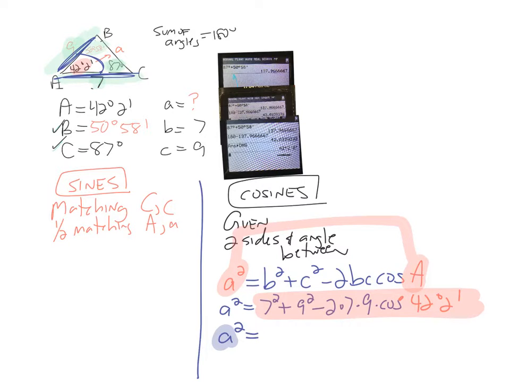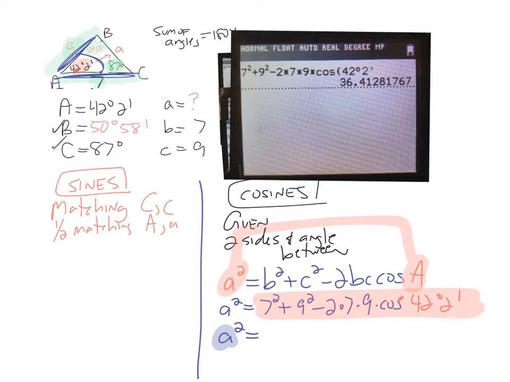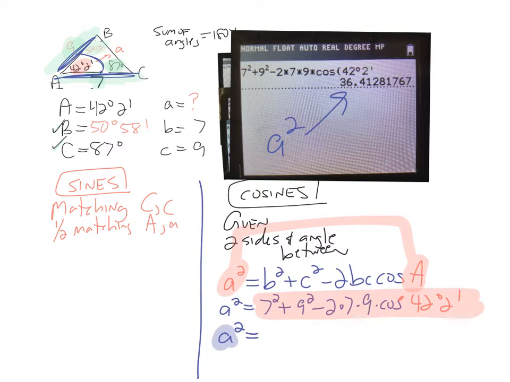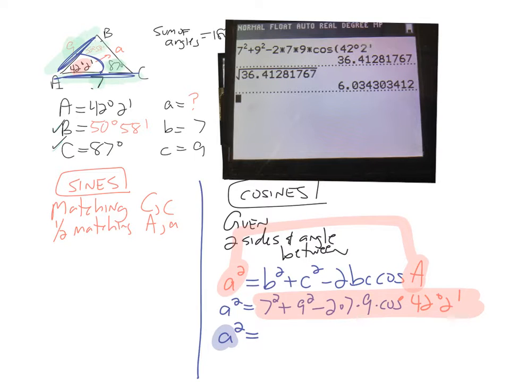So here I'm going to have A squared equals 36.4, give or take. Remember, that's what A squared is. So now what you're going to do is take the square root of that on your calculator to get side A. So side A to the nearest tenth, this 3 is going to keep the 0 the way it is.